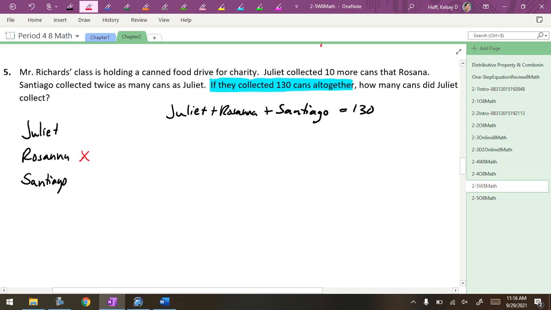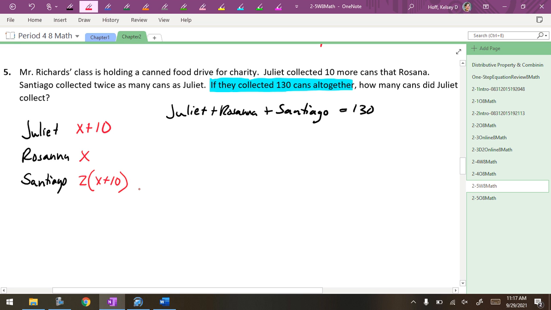Juliet collected 10 more cans than Rosanna. X plus 10 for Juliet. Santiago collected twice as many cans as Juliet. What does twice mean? Times 2. But I have to take all of Juliet times 2. So we have to go 2 parenthesis X plus 10. We have to take all of Juliet's.